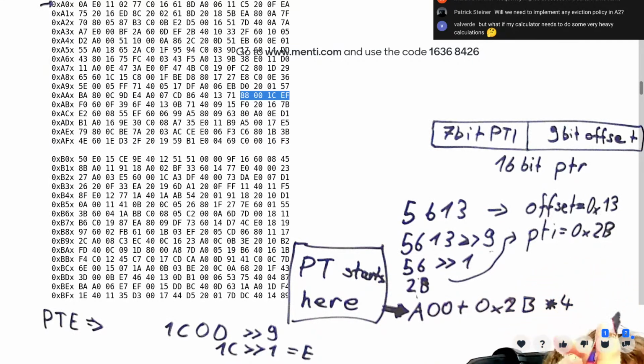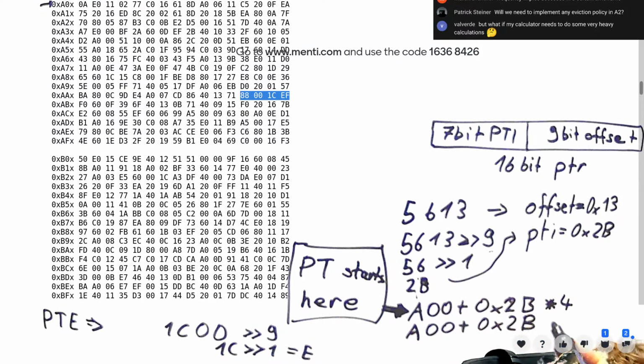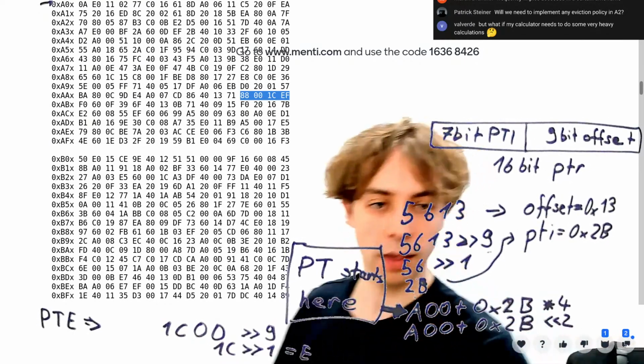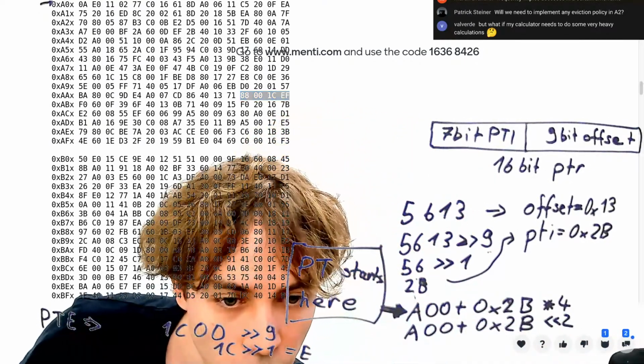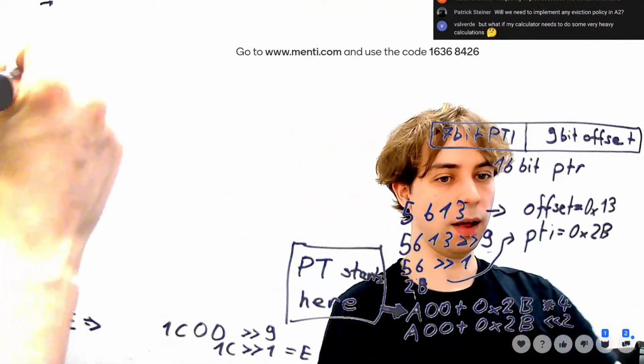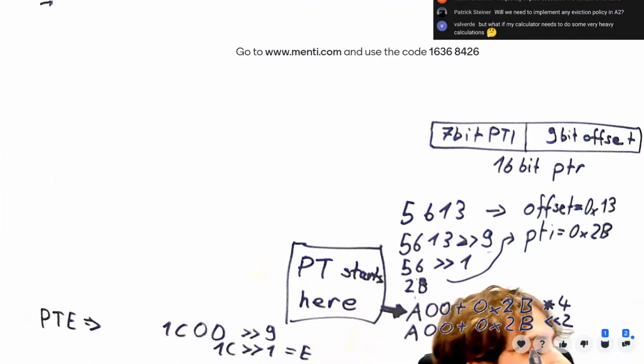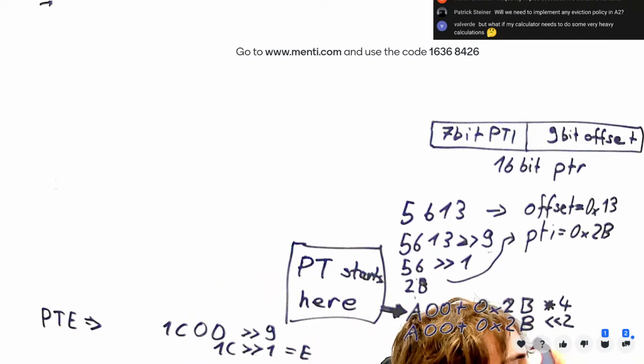And times 4 is the same as shifting it to the left by 2. So it's A00 plus 0x2b shifted to the left by 2. And I'm running out of space here, so I will just hide the slides for a second and continue up here.